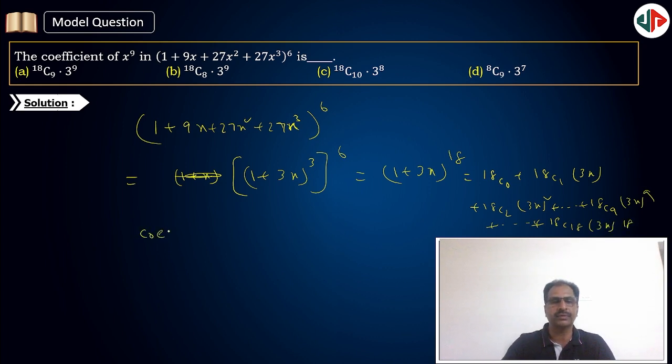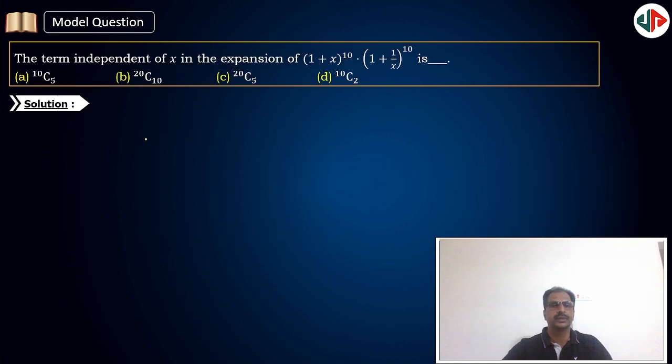So what is the required coefficient? Coefficient of x power 9. What is the coefficient of x power 9 here? 18c9 into 3 power 9. Option A.